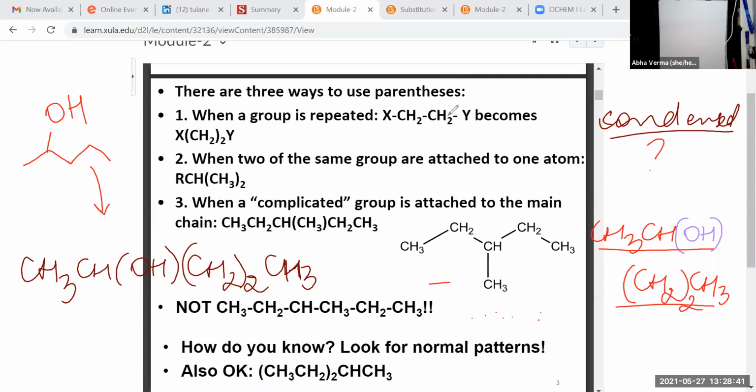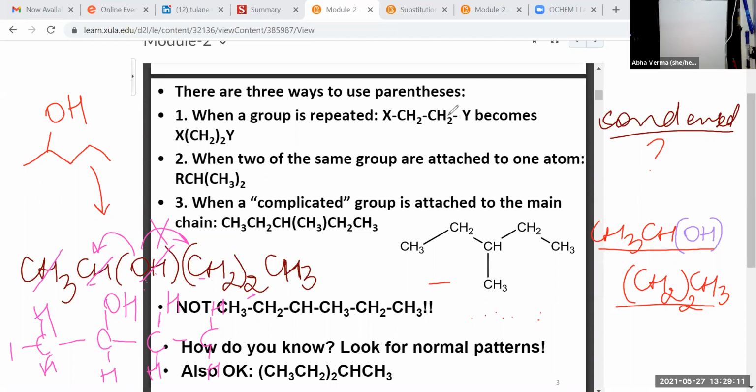I will have my CH3. I will then have my CH. And then I have this OH. Where does this OH go? To the front carbon or the back carbon? To the back carbon. So I've taken care of these also. Now I have to repeat the CH2 twice.